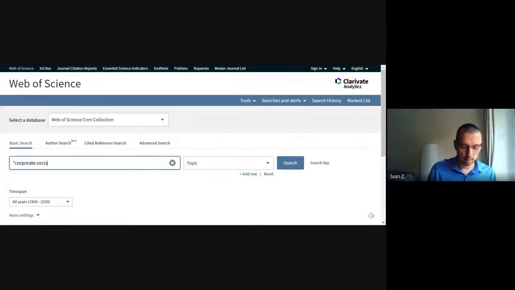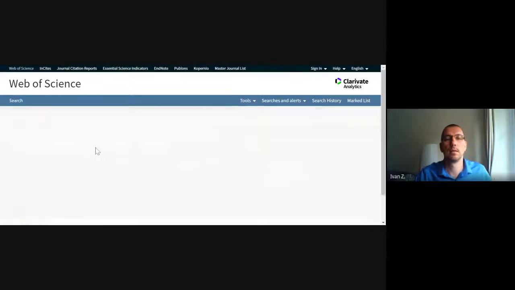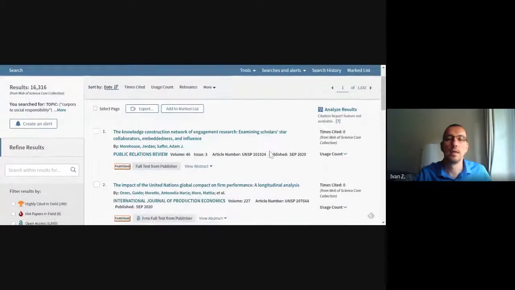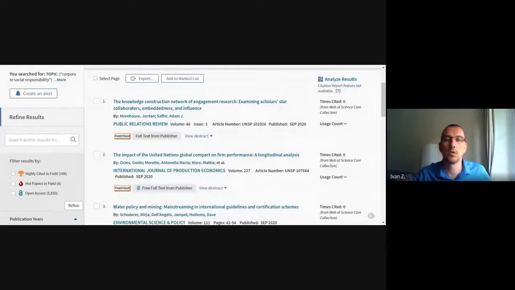For example, if we search for corporate social responsibility, we'll get, I don't know, 16,000 articles. And the number of times articles are cited is usually part of this Web of Science dataset. For example, this article at the beginning, The Knowledge Construction Network of Engagement Research, was published just recently. Actually, it's an early view, and it didn't have time to be cited.